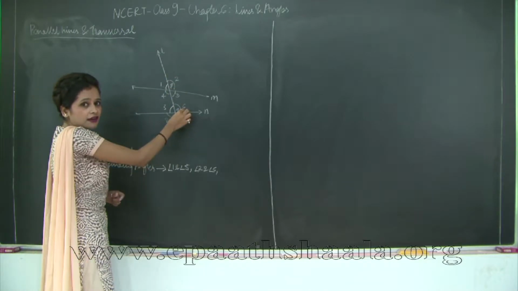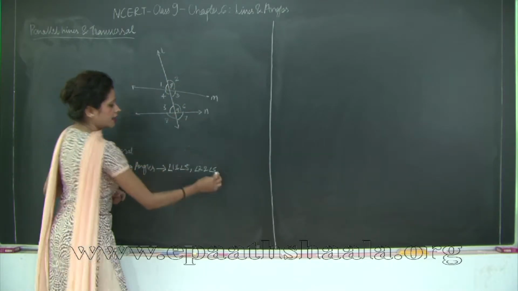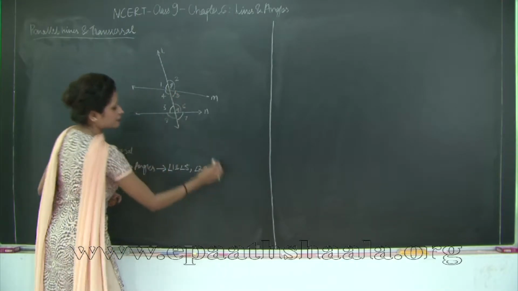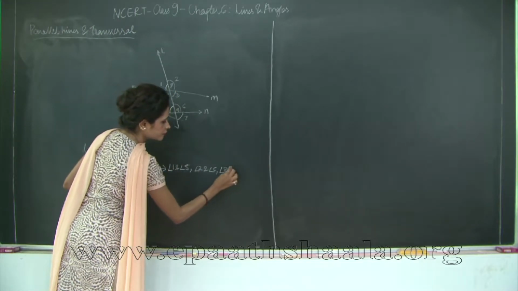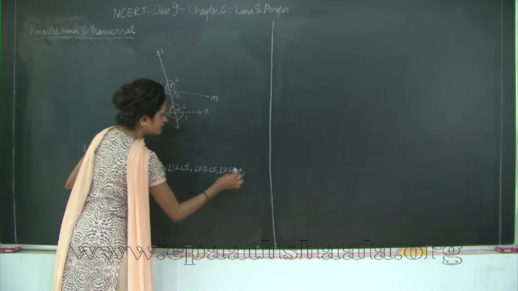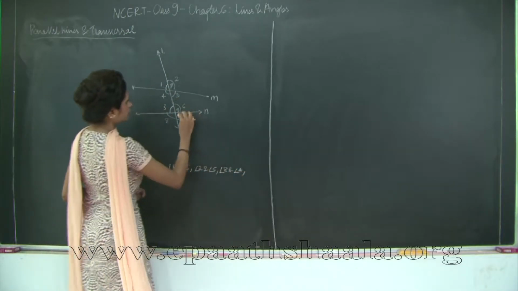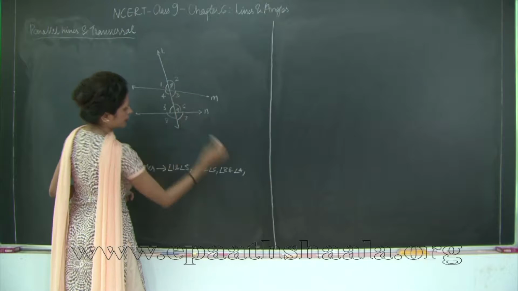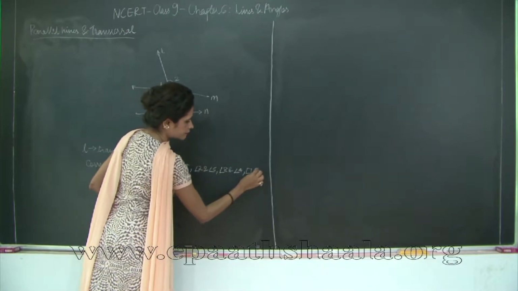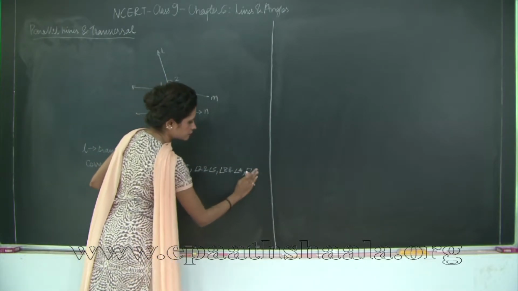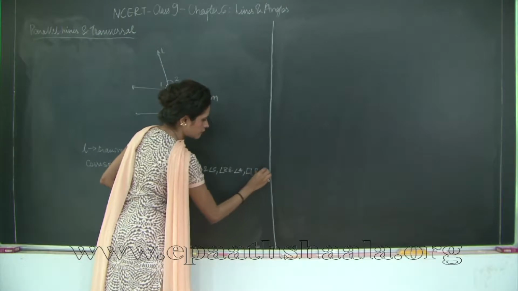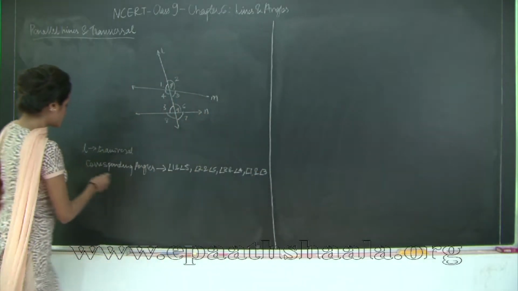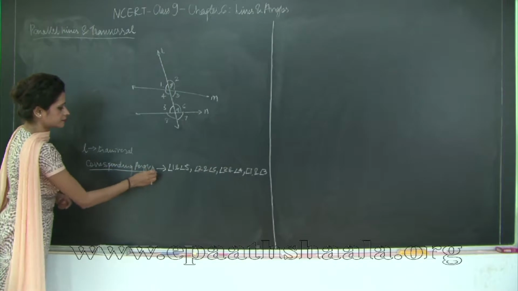Similarly, 2 and 6 are a pair of corresponding angles. Then, which is the other pair? You have 8 and 4. And finally, you have 7 and 3. So, this was about corresponding angles.